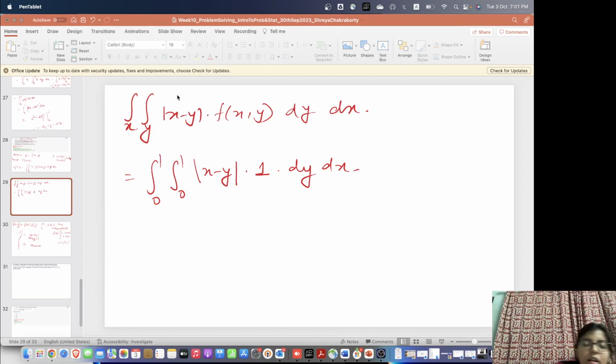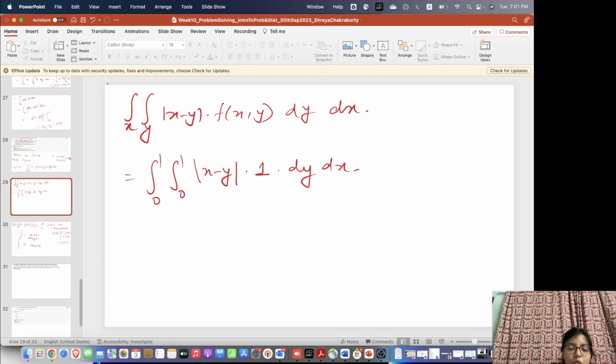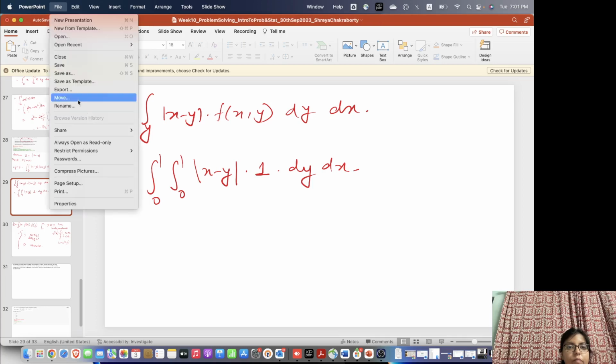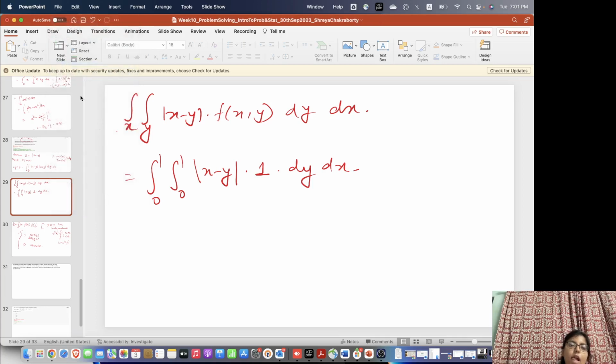So now we have to look at a few more things. Here x also ranges from 0 to 1, y also ranges from 0 to 1.